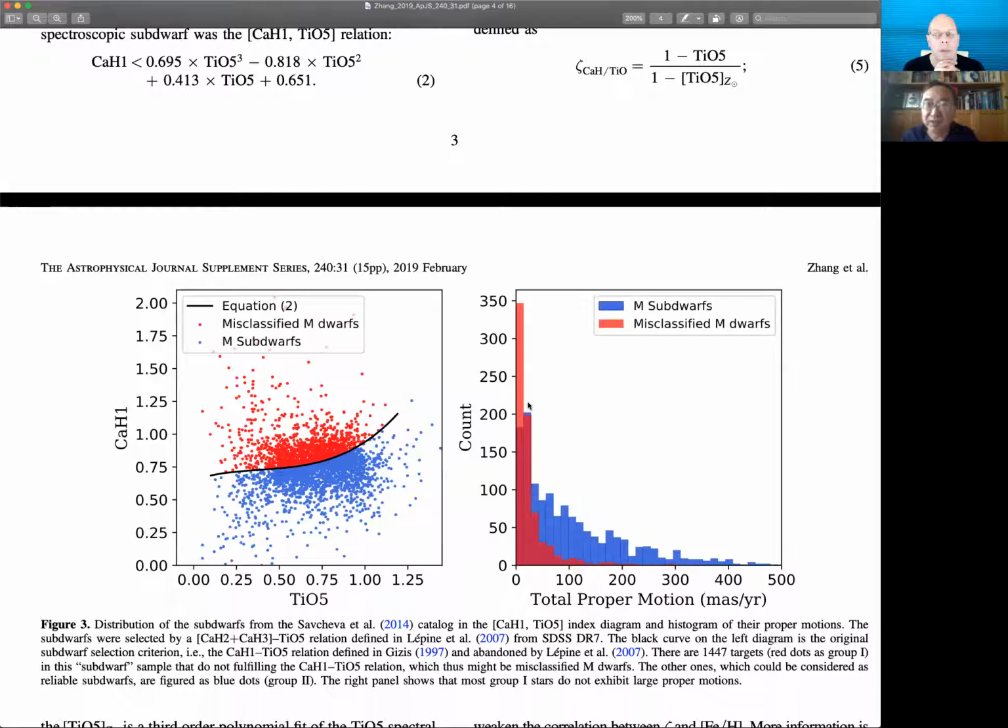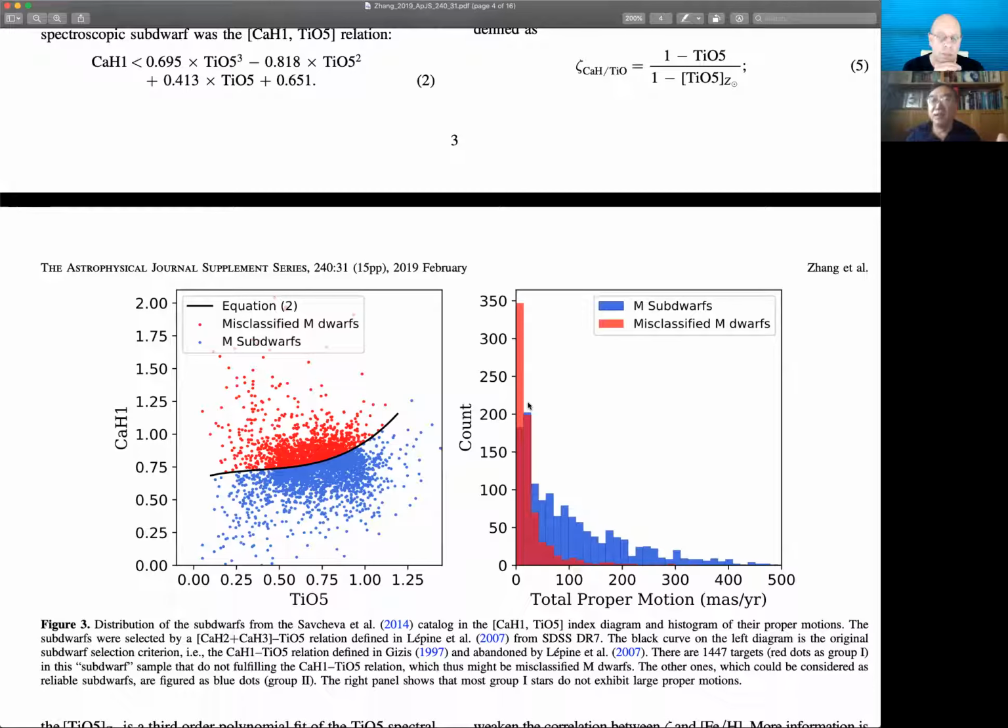So she measured the radial velocity using the M-subdwarf template. So there are some errors in the radial velocities. Then using those radial velocities, they get not very precise line indices.